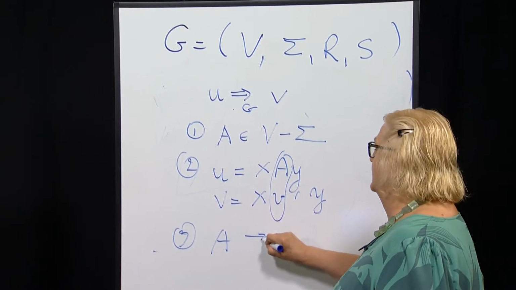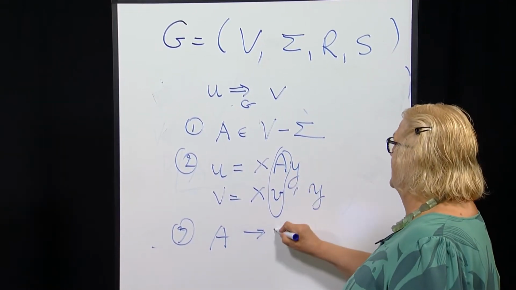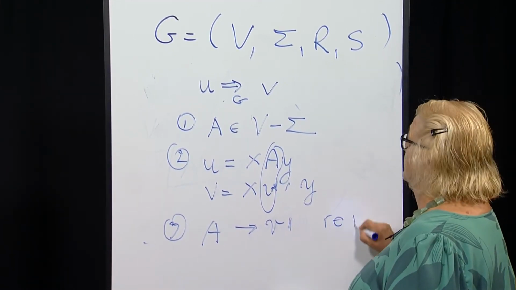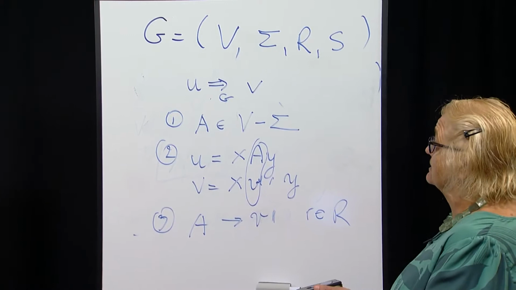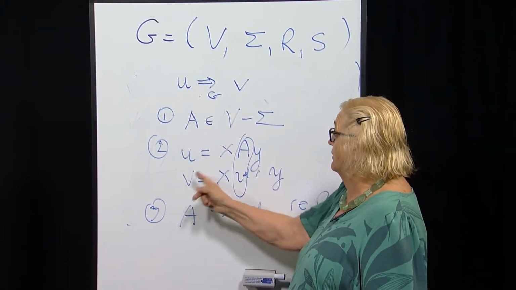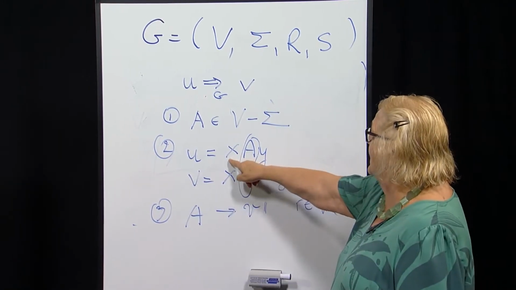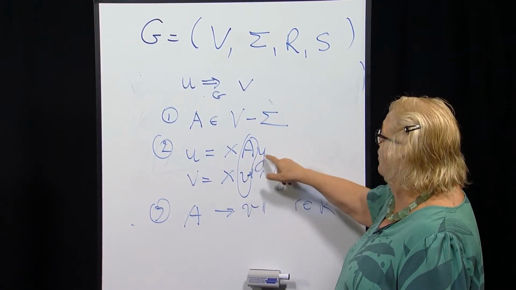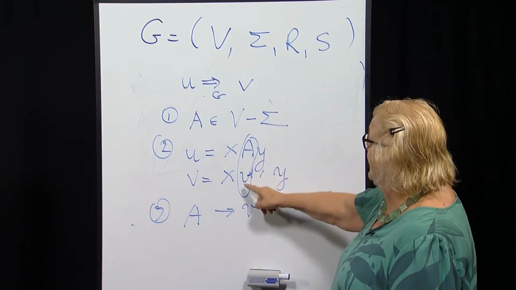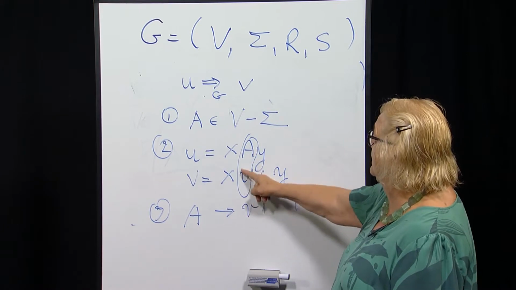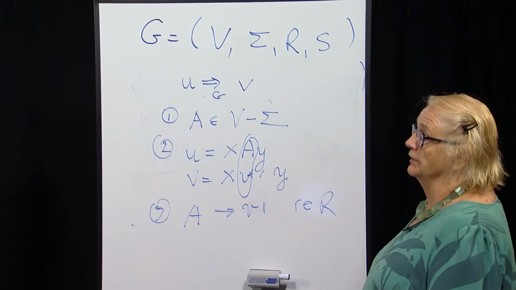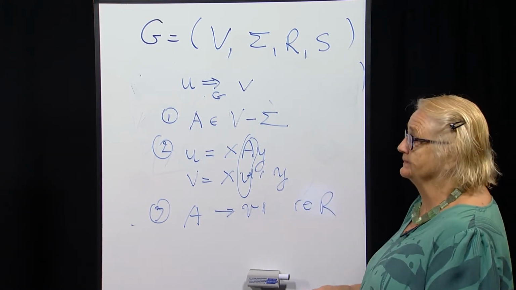The rule says that we replace A by V′ for a certain rule in R. So it's a replacement. So from the word X A Y you derive X V′ Y, if there is a rule which says that A is replaced by another word V′, and that's how you derive step by step.